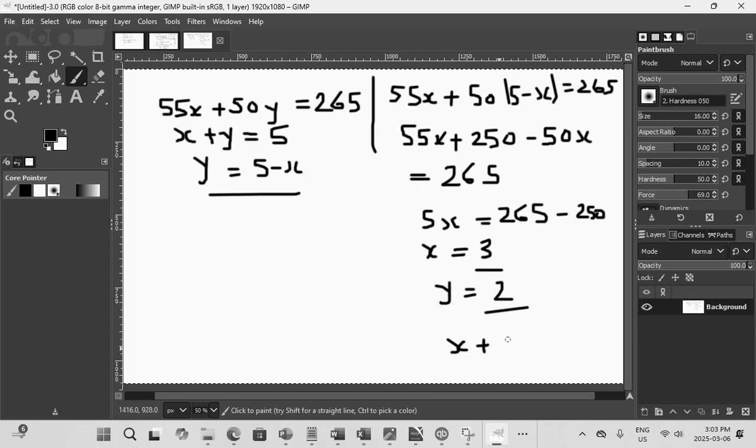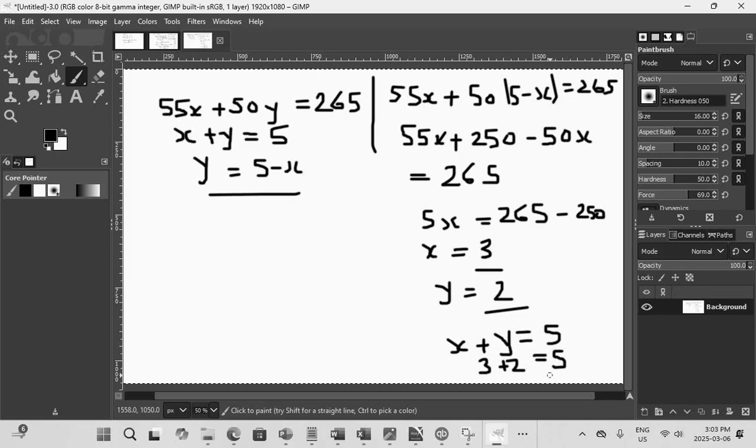The total time to complete the journey for both buses was 5 hours. So 3 plus 2, your left-hand side will equal your right-hand side.